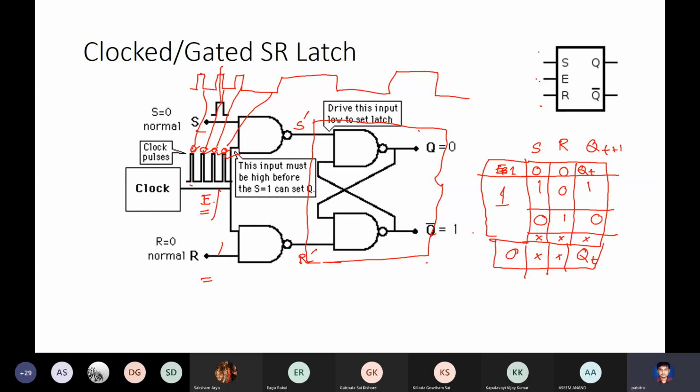Okay. But I have no control. When the clock is on, whenever input changes, output changes. So if input changes 5 times, output also changes 5 times. So what we do is that we take the clock pulse to be thin enough so that only one single input change happens, which means that only one single output change happens.